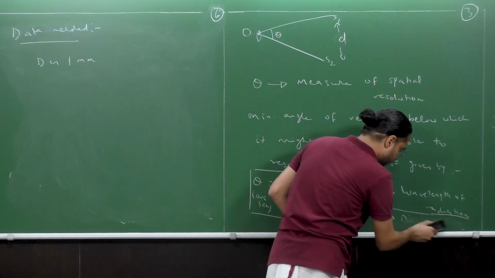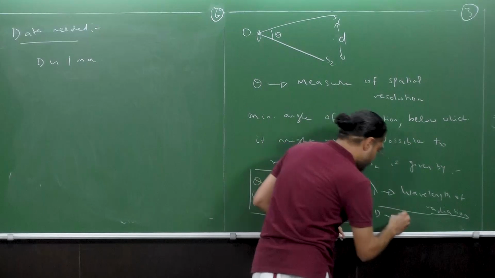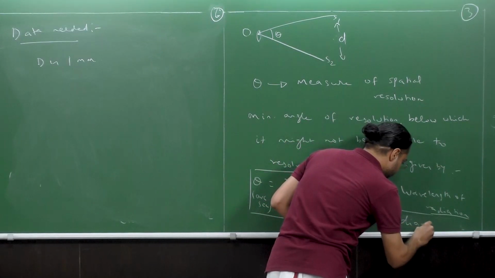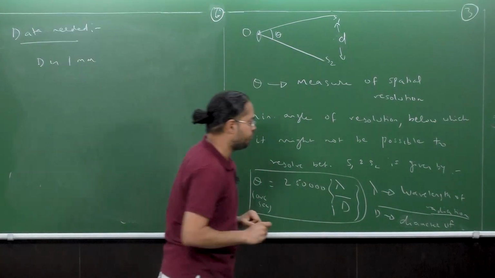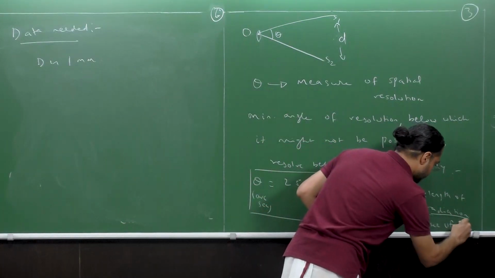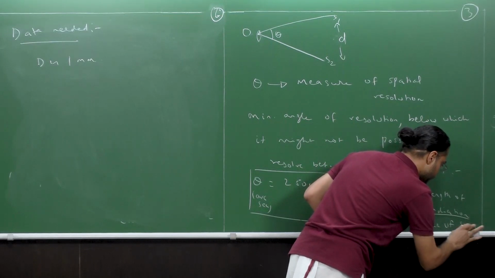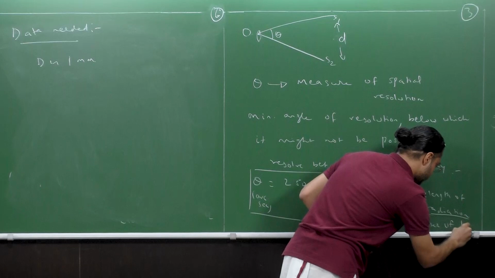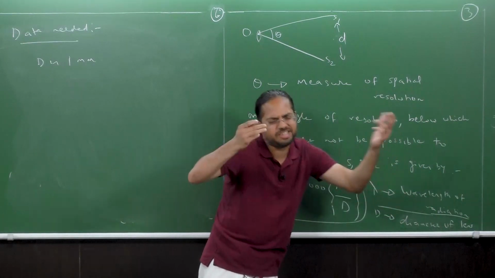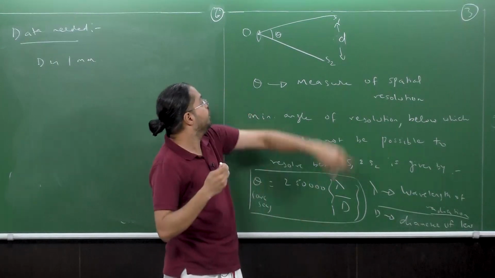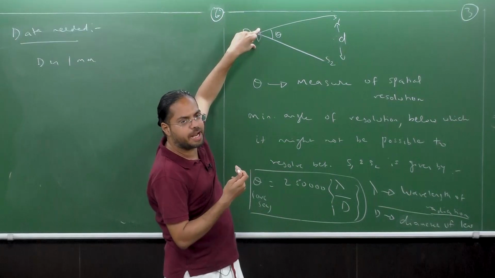Please note this. Okay. So capital D is the diameter of the collecting source. So what I've written is D is the diameter of the lens. Let's say that the lens is the receiver. So the collecting source or the receiver has a finite diameter, right?